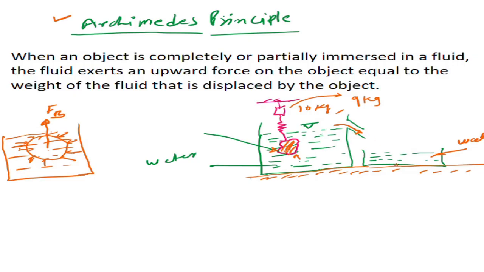When we weigh this water, it should be equal to 1 kg, which means there is a loss in weight: 10 minus 9, this is 1 kg. Definitely it will be 1 kg. So experimentally we can find out how much force is exerted by the fluid on the object.